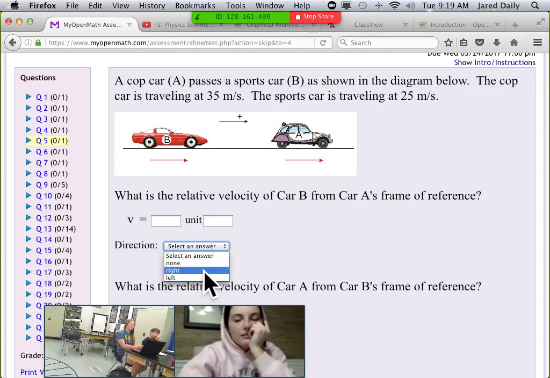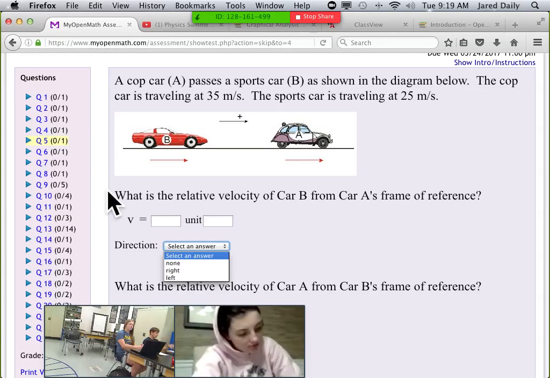And that's an important point. If you put in the correct answer with a negative and then chose the direction to the left or whatever, and it marked you wrong, just send me an email. I'll fix that score. I am sorry, that can be extremely frustrating, but that is a very important point in physics. If they give you an option for direction and they haven't given you a coordinate system, you can't assume the coordinate system is one direction or another, because they haven't told you what they've assumed, right?